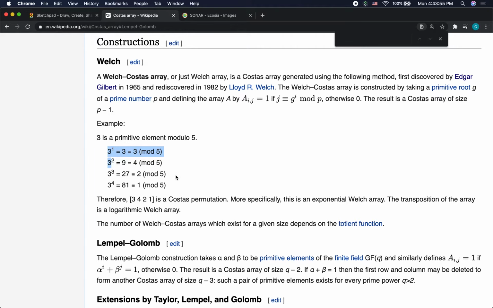So in this example, 3 to the first power is 3, mod 5, you have 3 left over. 3 squared, you get 9 for the next number, mod 5, you get 4 left over, and so on and so on. And each of those is when you send out your pulse.